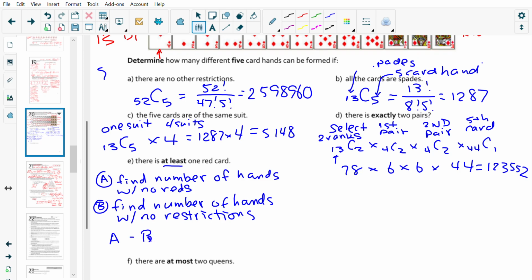And then do B minus A, and then we'll find the number of hands with at least one red. Okay, does that make sense? Okay, let's do the example here.